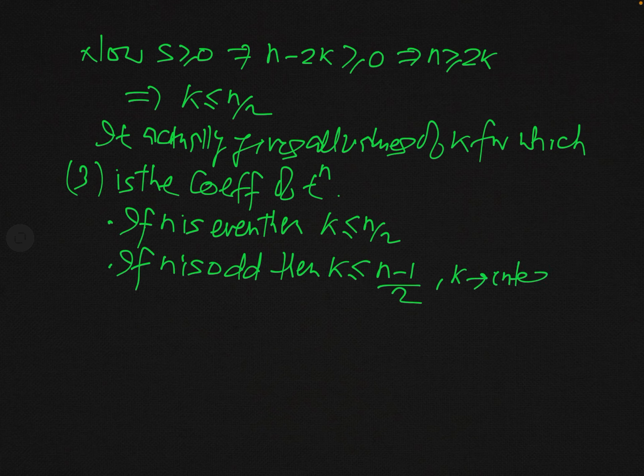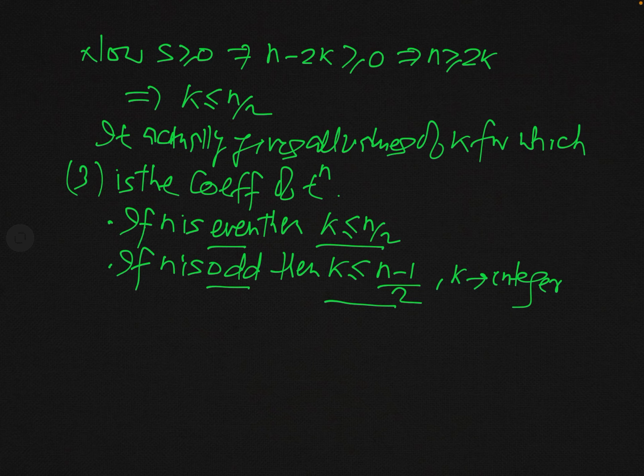So to get k as an integer, it is necessary that if n is even, then k should be less or equal to n by 2, and if n is odd, then k should be less or equal to n minus 1 by 2.